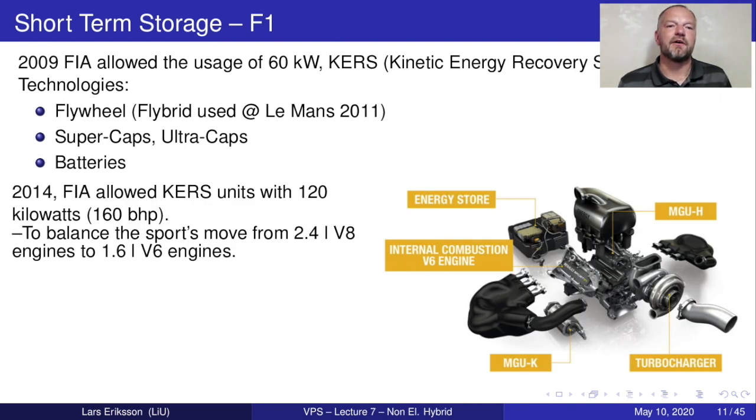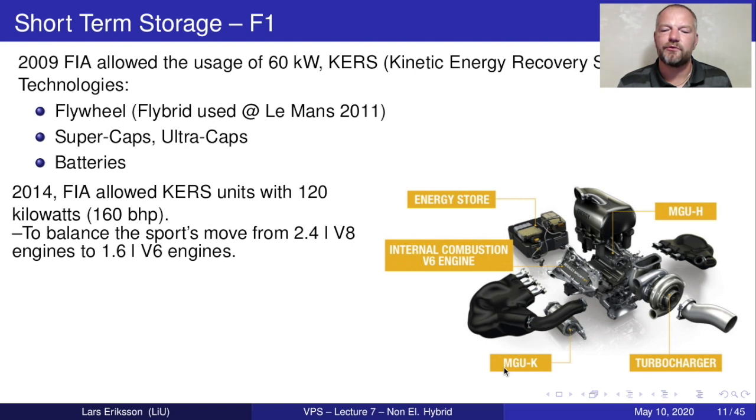In 2014 they allowed a doubling of the kinetic energy recovery units, so that you could develop 120 kilowatts, to balance that the sport moved from 2.4 liter V8 engines to 1.6 liter V6 engines. The power unit of a hybrid is a combustion engine that is equipped with a turbocharger, and on the engine's flywheel we have a kinetic energy recovery generator, an electric machine.